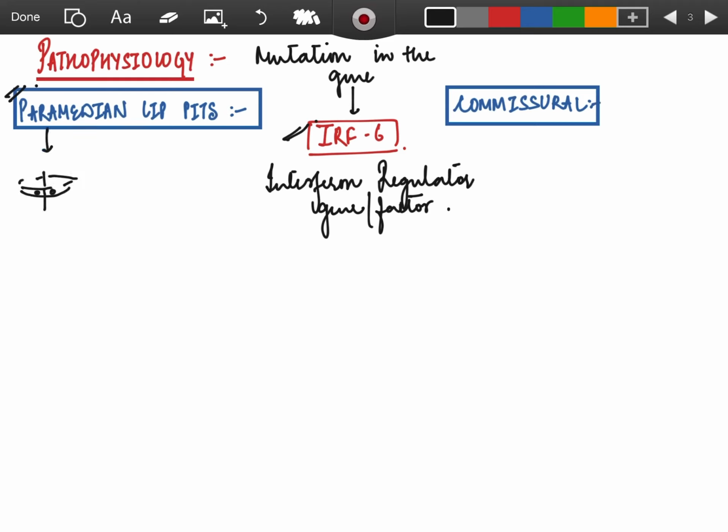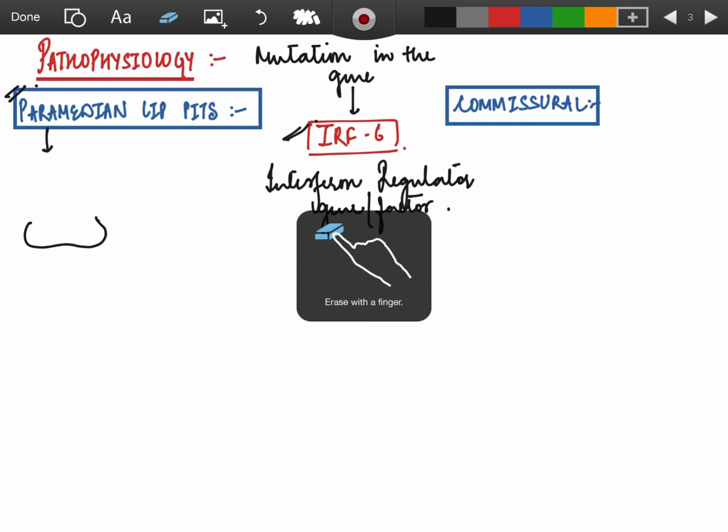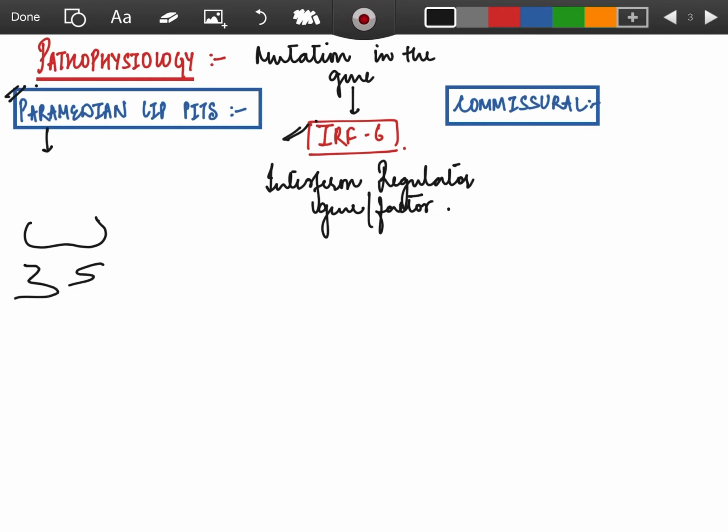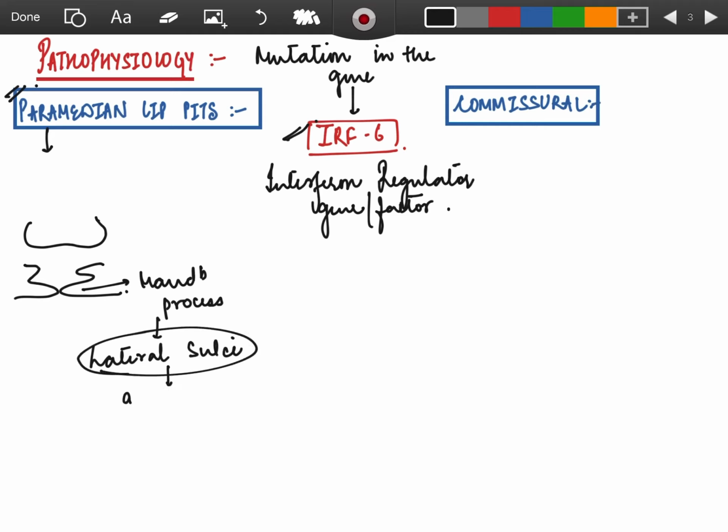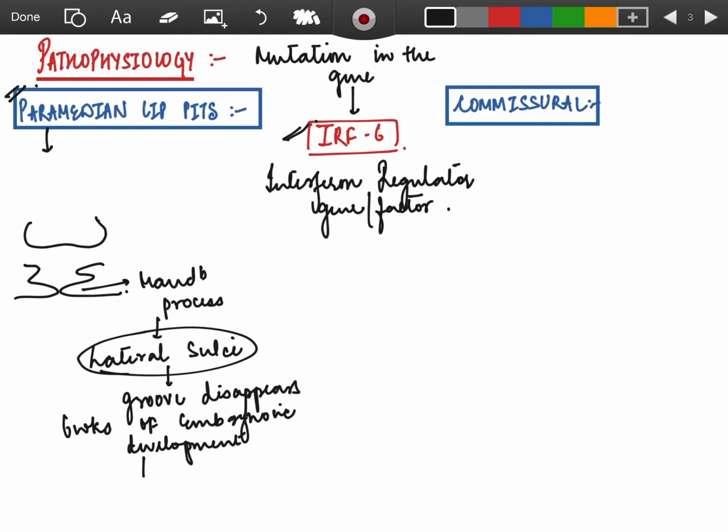In the paramedian lip pits, as we know, we have the maxillary and the mandibular process, and on the mandibular process there are lateral sulci. This sulci or groove normally disappears at 6 weeks of embryonic development. So what happens if this groove persists? There is an indentation produced. We call it a paramedian lip pit or the congenital lip pit.